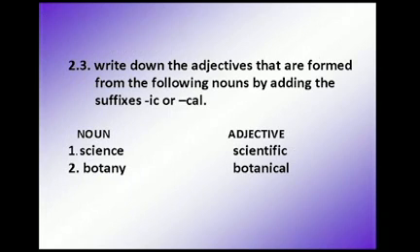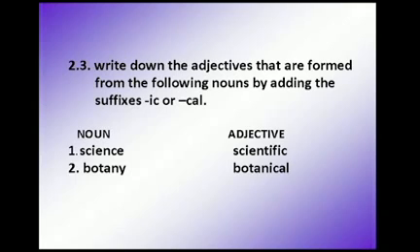After that, let's move on to another item in 2.3. This exercise will help you know how to form an adjective from a noun form. If the suffix -ic or -cal is added to a noun, you will get an adjective. Let's look at exercise 1. You will see that scientific is the adjective form of the noun science.